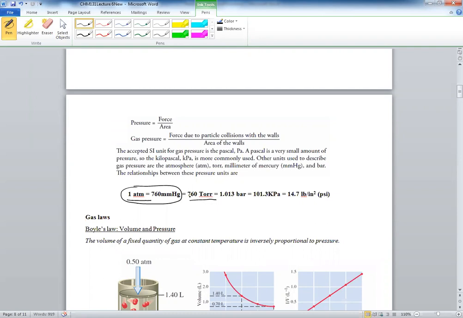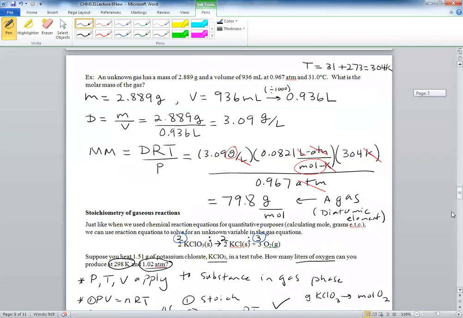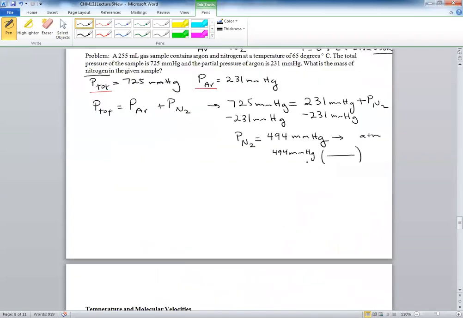So you divide by 760. 494 divided by 760 gives you 0.650 atm. Very well. So you have your pressure of nitrogen.